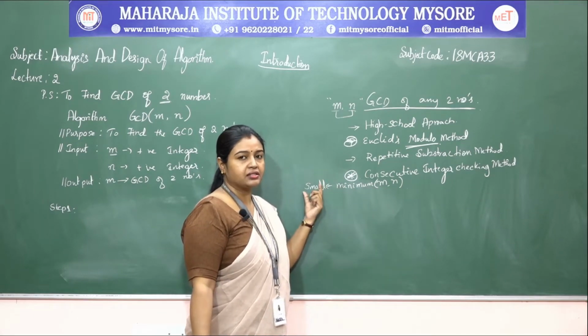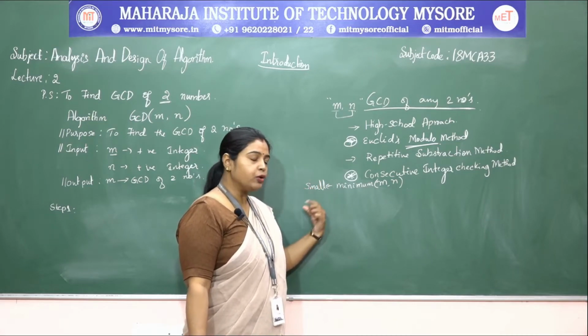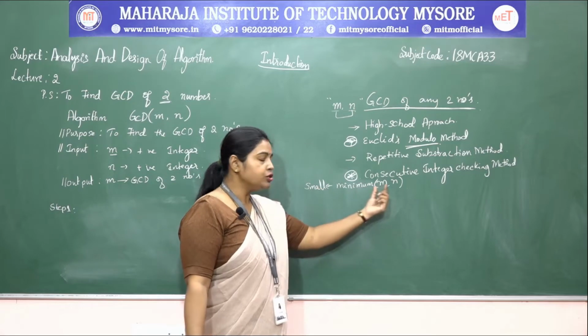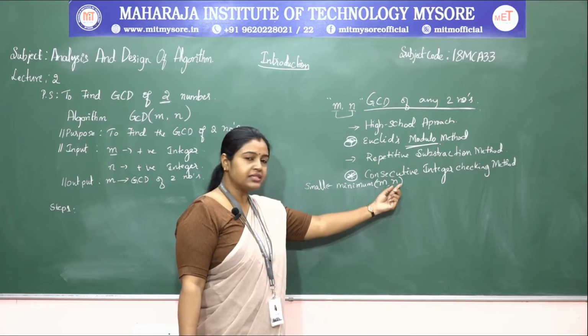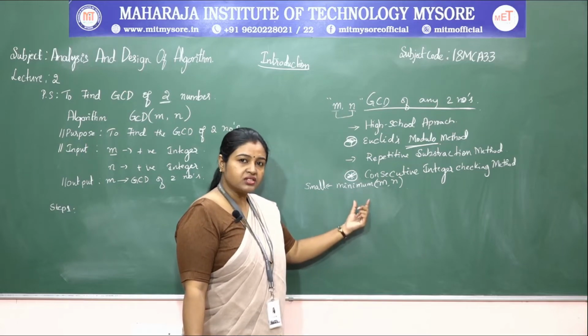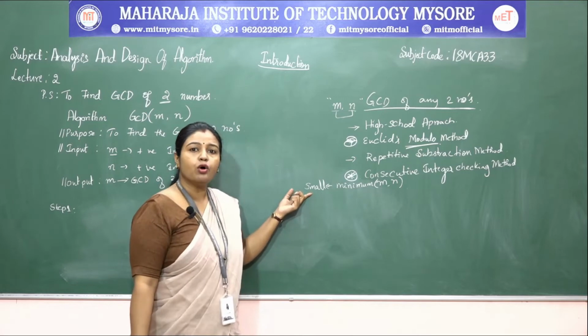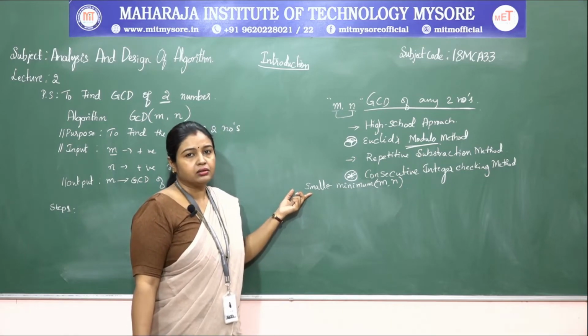The smallest among the two will be considered as the common number. Next we divide the first number and the second number with this common number. If the remainder comes 0 in both cases, then we conclude small as the GCD of the two numbers.